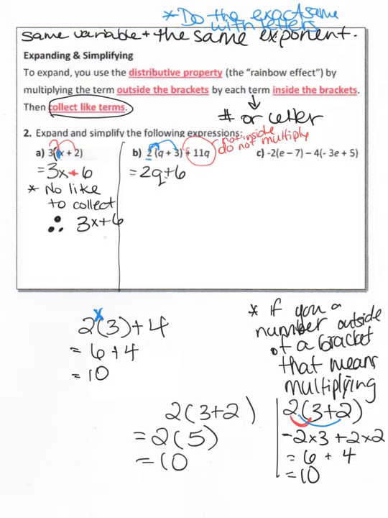So 2Q plus 6. Now I'm just going to write my 11Q plus 11Q. Notice that my signs are staying the same right beside it. So 2 times Q is 2Q. 2 times 3 is 6. And I'm just going to bring down my 11Q. And remember, I'm not multiplying 11 by 2 because it's not inside of the bracket.